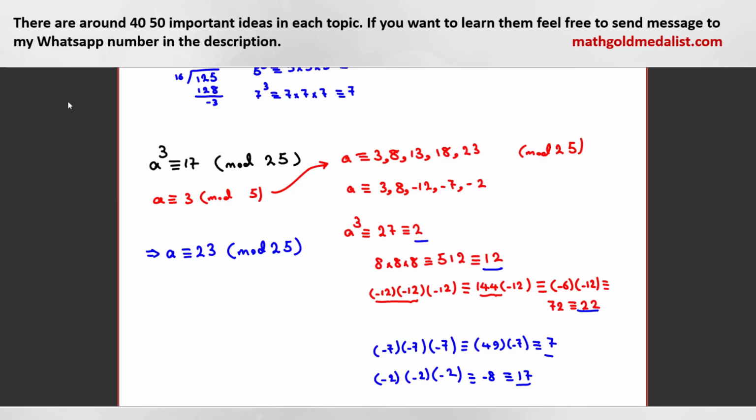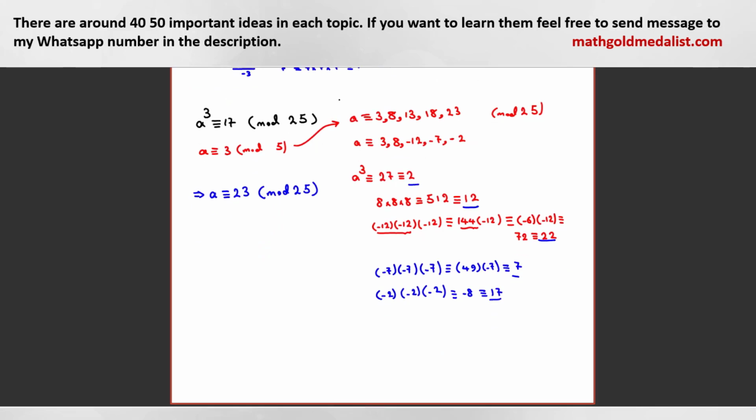Okay, that's good. Let's check that solution also. Yes, because in the next step we want to use exactly your solution. A is 5k, for example, plus 3, then a cubed mod 25. You can say (5k plus 3) cubed.